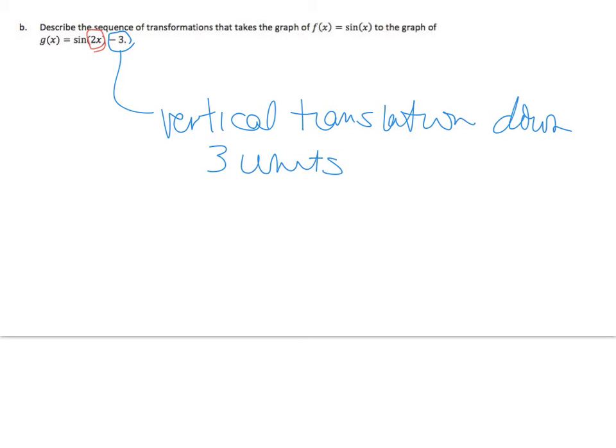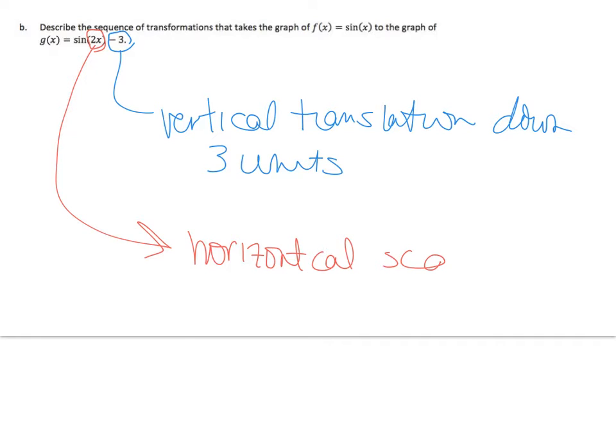And the 2x in here, remember I just said when it's inside the parentheses, it's horizontal scale, and when it's horizontal, it's 1 over the coefficient for my factor. Cool.